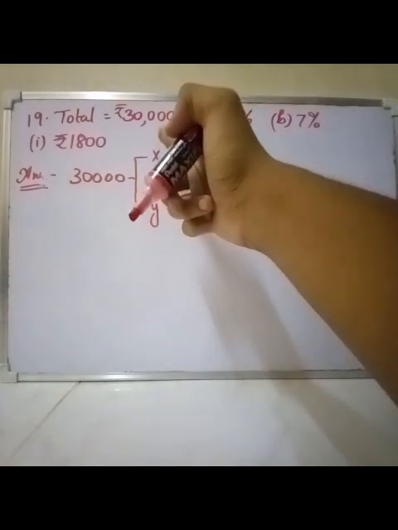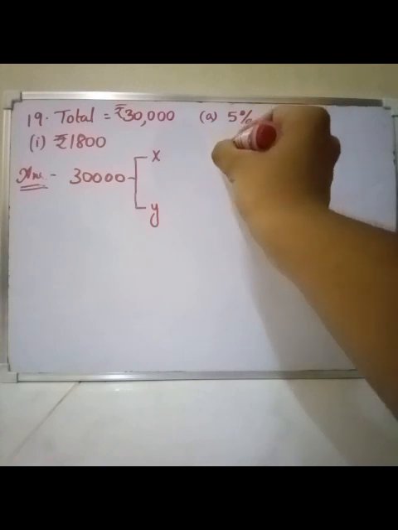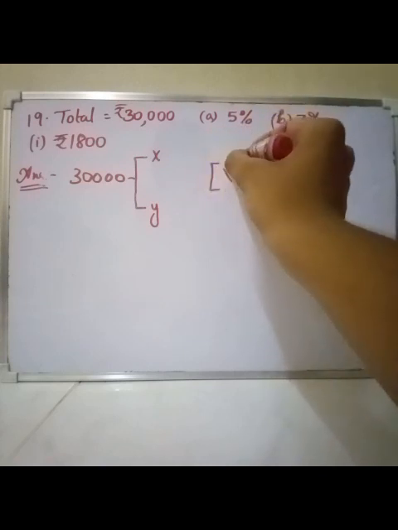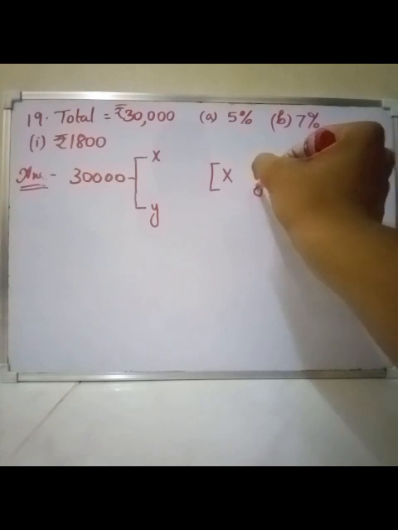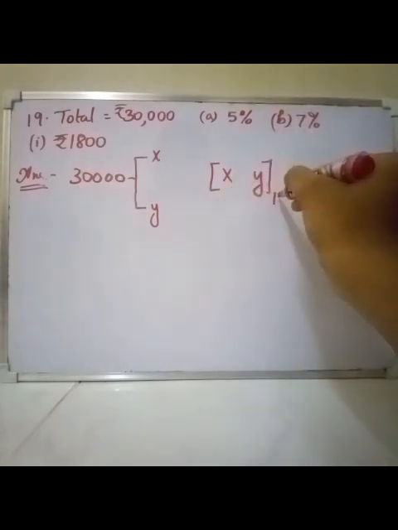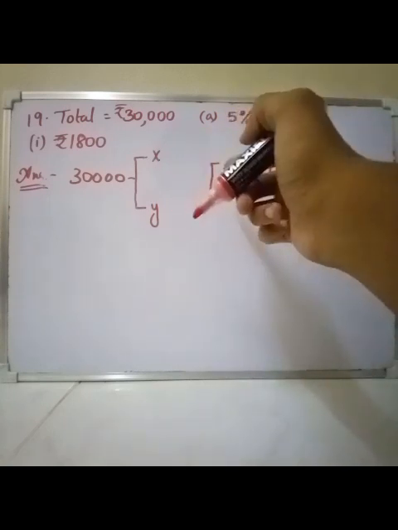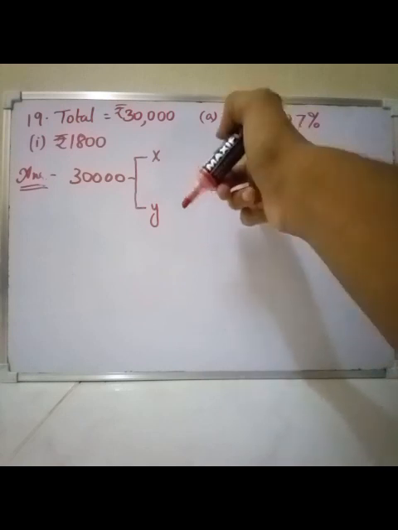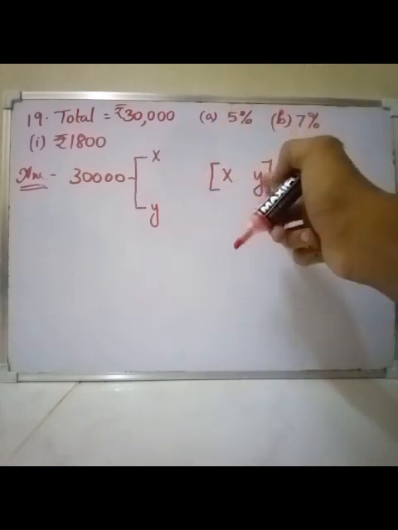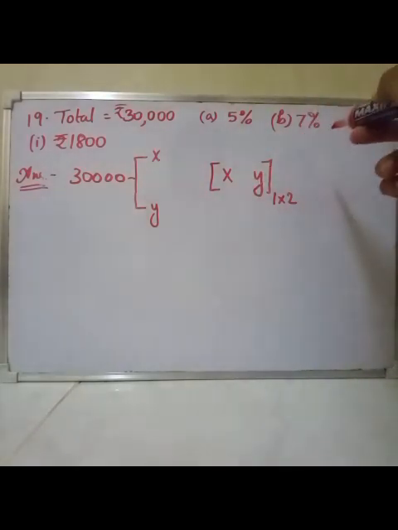So we have to determine what is X and what is Y. So for this we are creating a matrix like this. Let this matrix be the first matrix of the order 1 by 2, 1 row and 2 columns, because X is the amount that has to be put in 5% interest, and Y is the amount from 30,000 that has to be put in 7% interest.